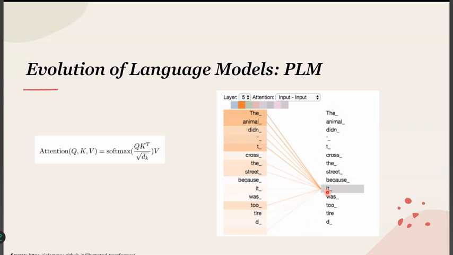At every point we have the strength of importance highlighted: the brighter the color, the higher the attention strength, and the lighter the color, the lower.